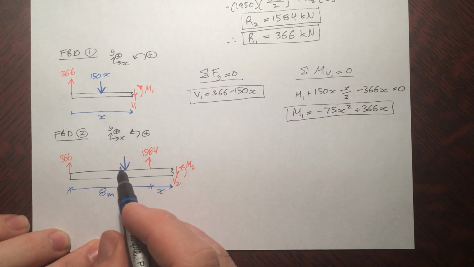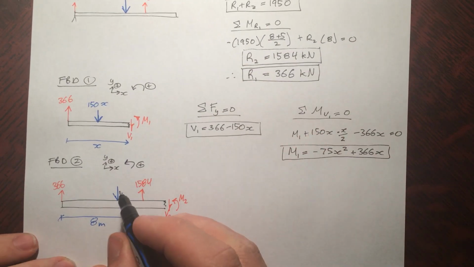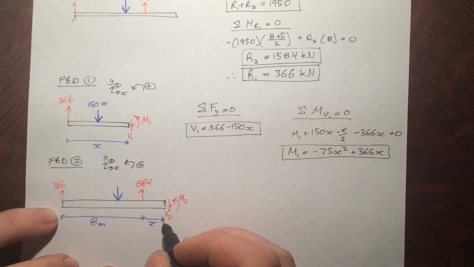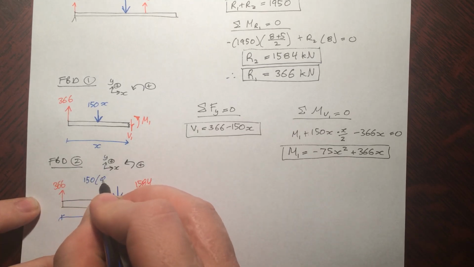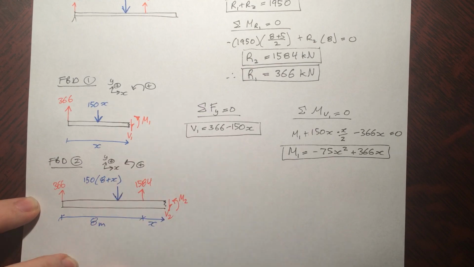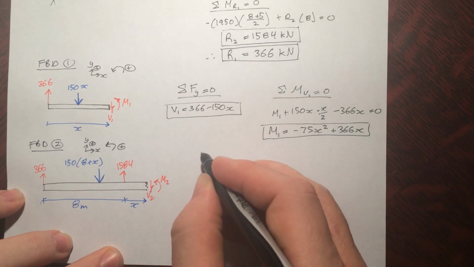Now the magnitude of this force is going to be 150 kilonewtons per meter times the number of meters. Well, the number of meters is 8 plus x. So I can say, alright, and we can go ahead and sum up the forces.